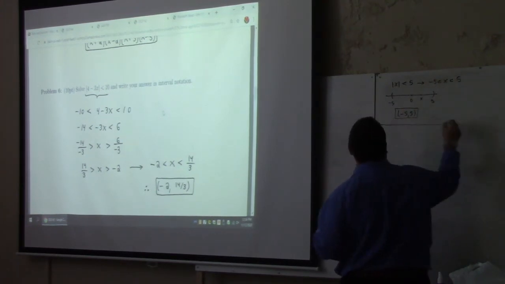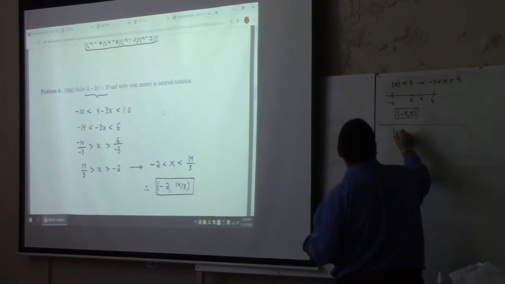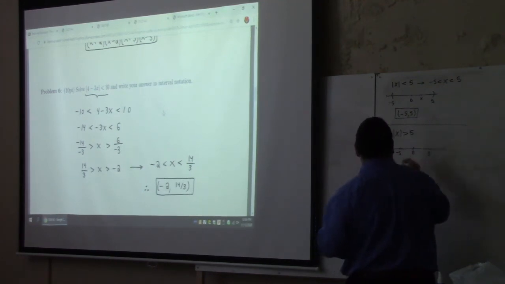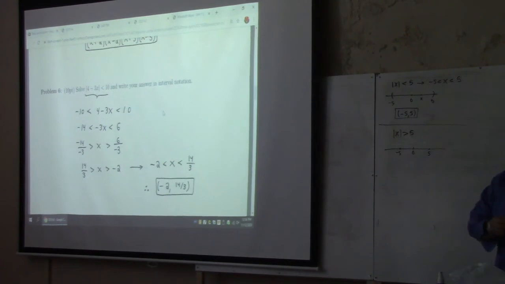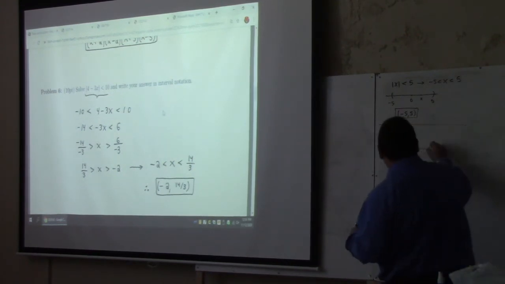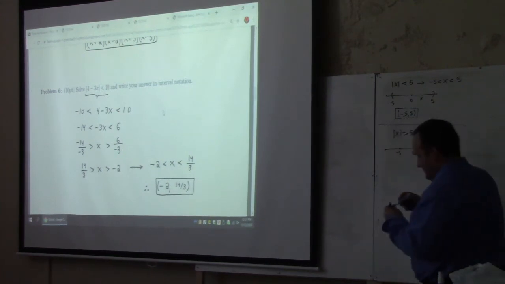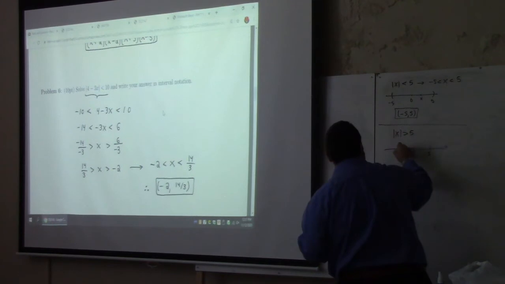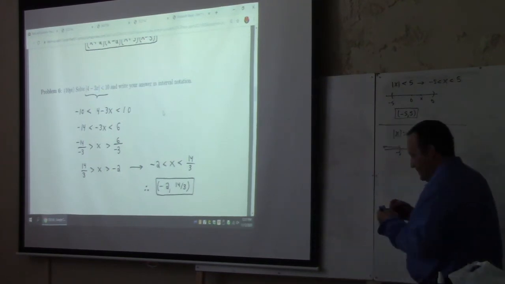In contrast, if we have the absolute value of x greater than 5, on the number line that's saying that you're more than 5 units away from the origin, right? And so that means you're either over here or you're over here, right?